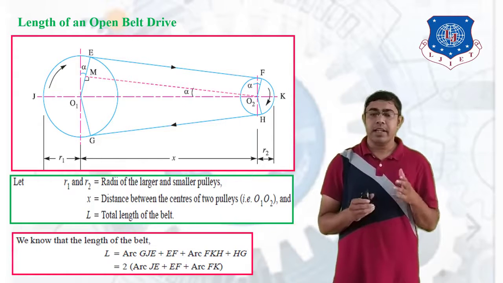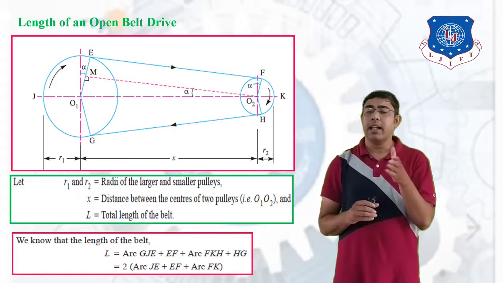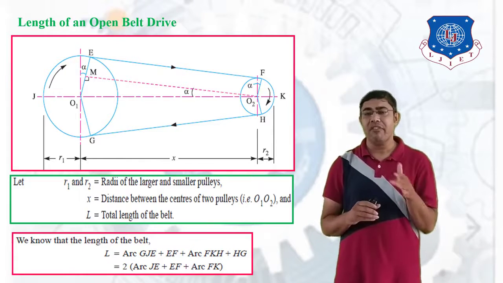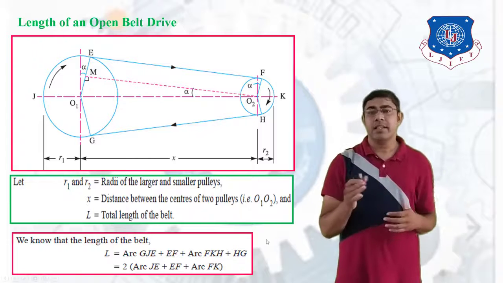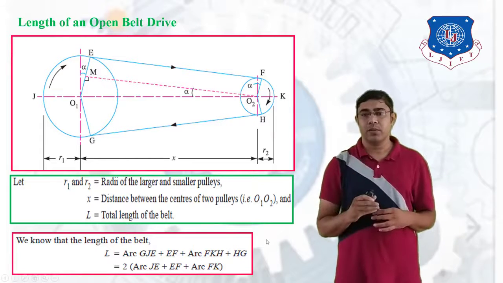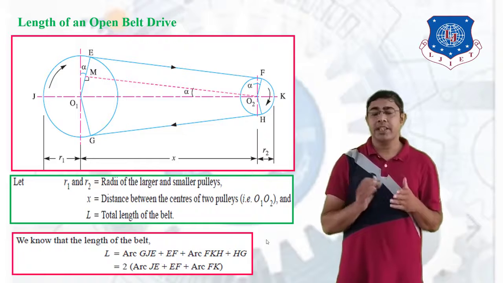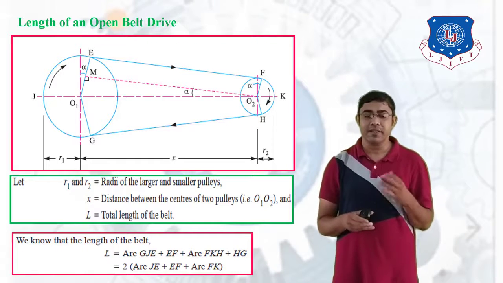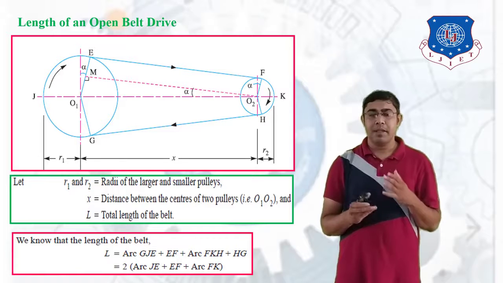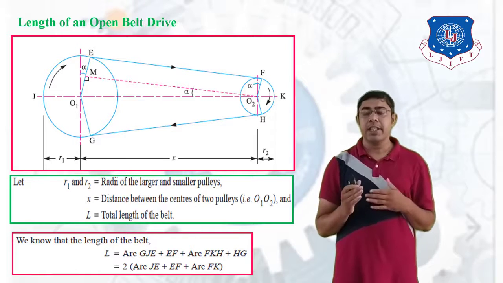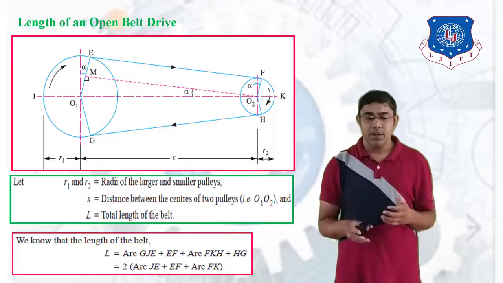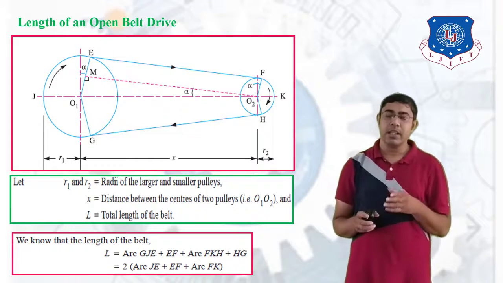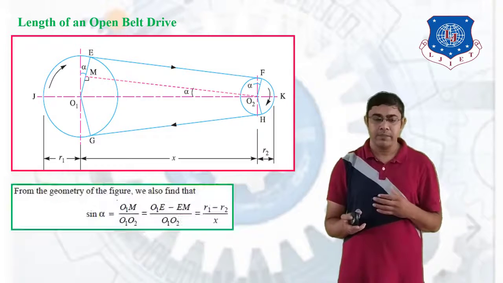You can also see in the figure that the distances EF and HG are equal, so we write HG is equal to EF. If we place these values in our equation, we get L is equal to 2 into arc JE plus EF plus arc FK.